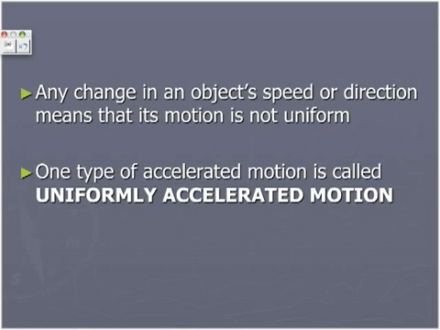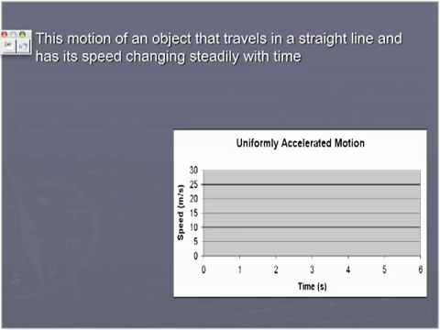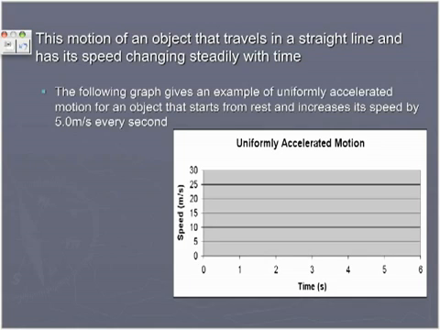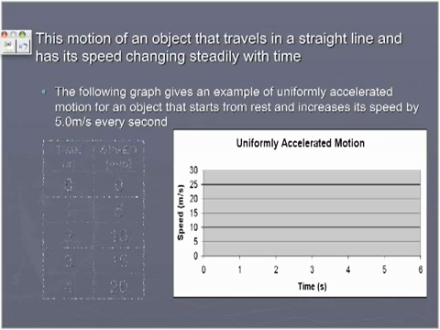One type of accelerated motion is called uniformly accelerated motion. And here we have the motion of an object that travels in a straight line and has its speed changing steadily with time. The following graph gives an example of uniformly accelerated motion for an object that starts from rest and increases its speed by 5 meters per second every second.